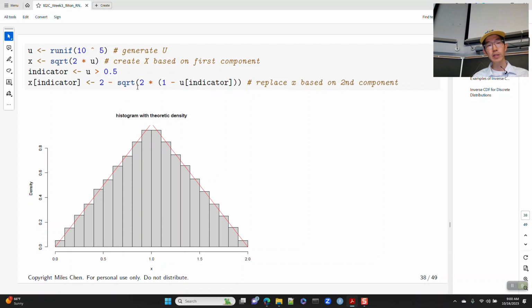So that's what I have there. For anything where u is greater than 0.5, replace x with 2 minus the square root of 2 times 1 minus u. And so here's x. Here's the histogram of x. And indeed, that looks like the triangular distribution that we want. So that's good.